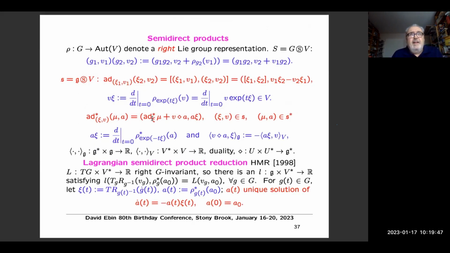Okay, now we go to reduction. I'm not going to do Lie-Poisson reduction this time. I'm going to do it on the Lagrangian side, which is due to Poincaré. Poincaré was unaware of the work of Lie in 1890.